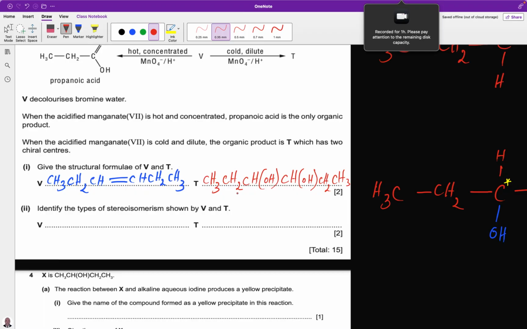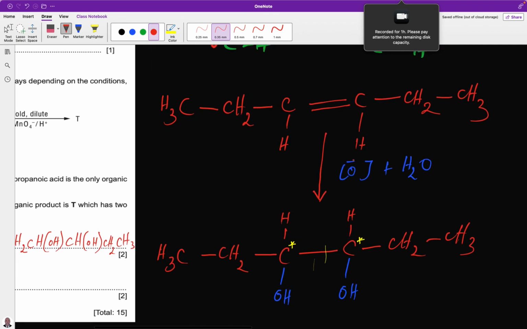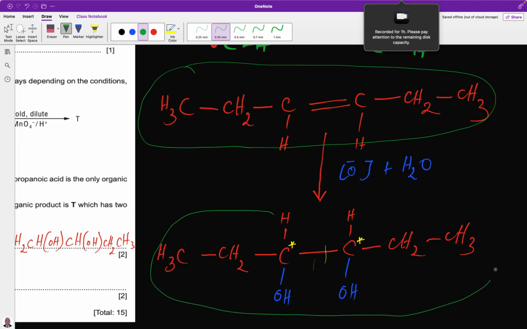Identify the types of isomerism shown by V and T. Okay, initially this is V, as you are seeing, and this is T. Which organic molecule shows which?